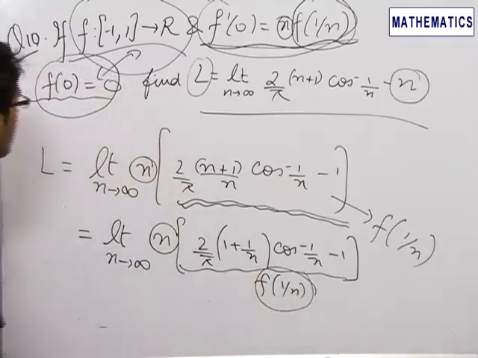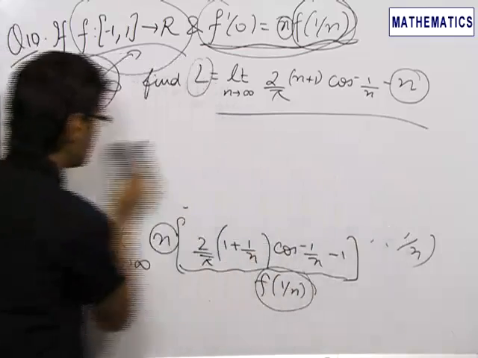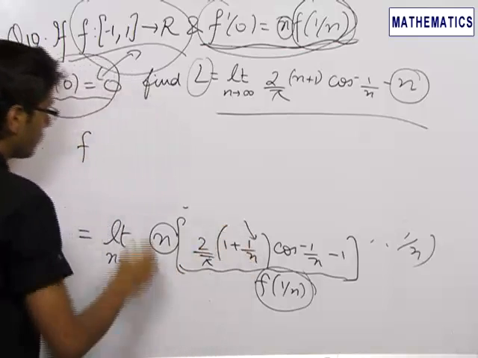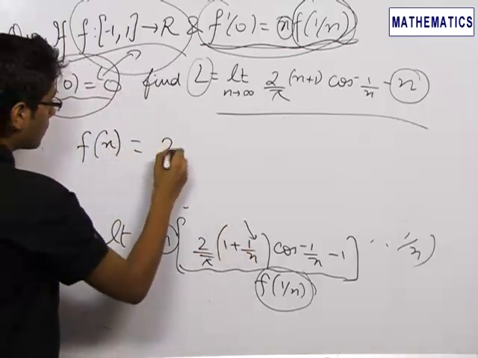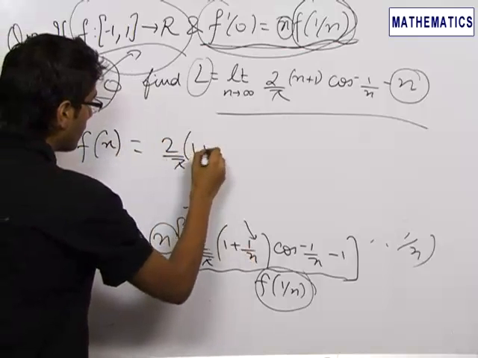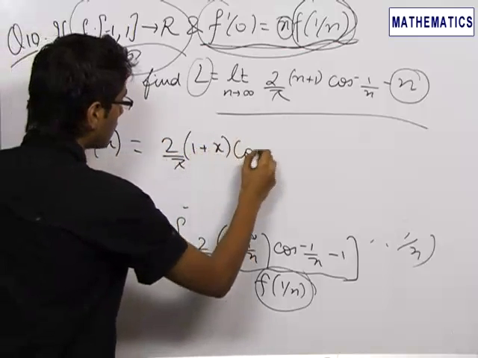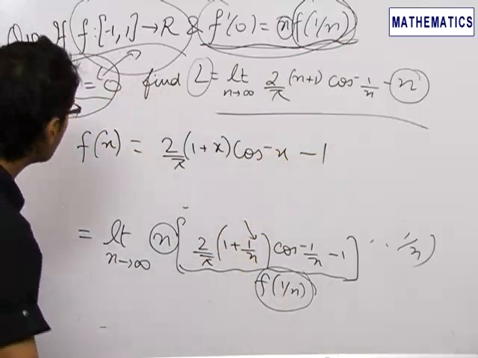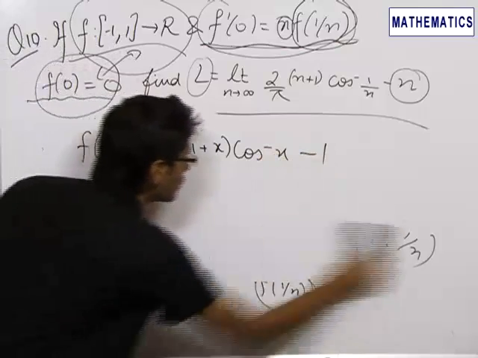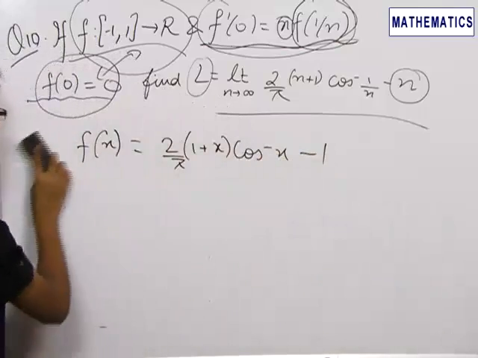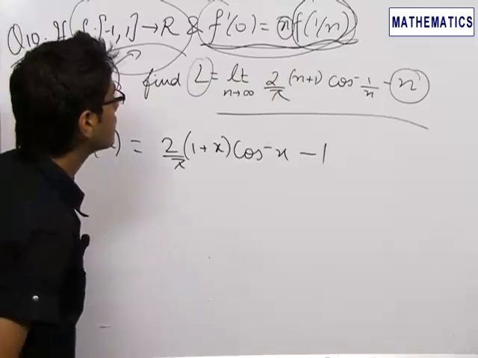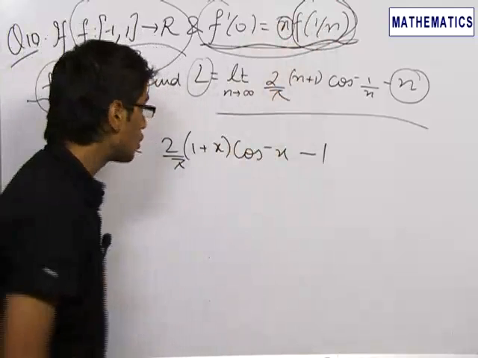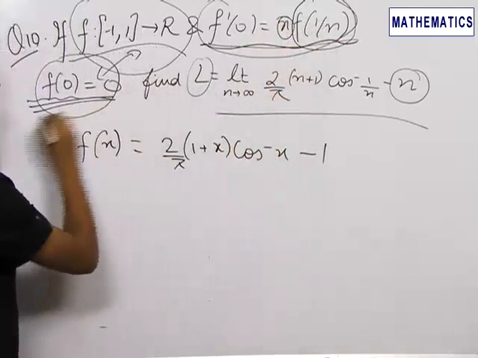So our next step is to find f(x). Replacing 1/n by x, we get f(x) is equal to (2/π)(1 + x) cos⁻¹(x) − 1. Now we need to find out whether f(0) is equal to 0 or not. We have just found the function f such that n f(1/n) can be expressed as f'(0). Now we also need to check whether f(0) is coming out 0 or not.